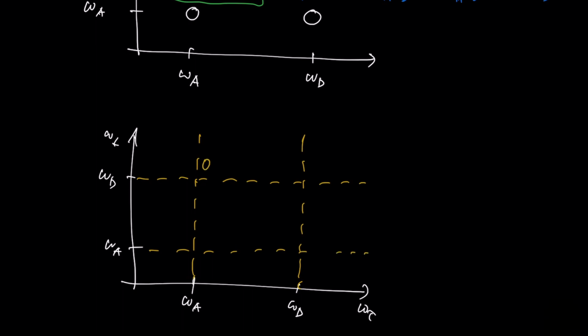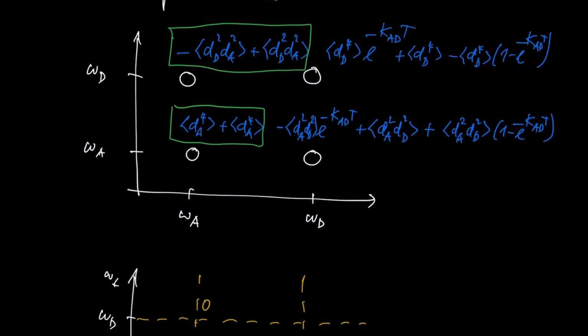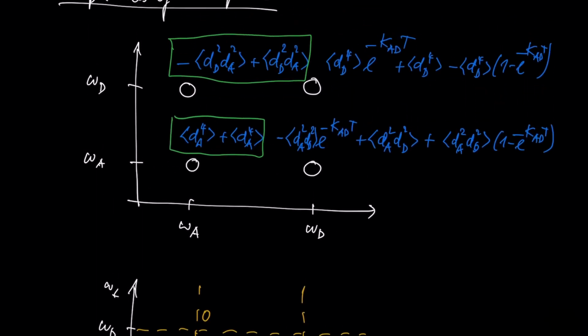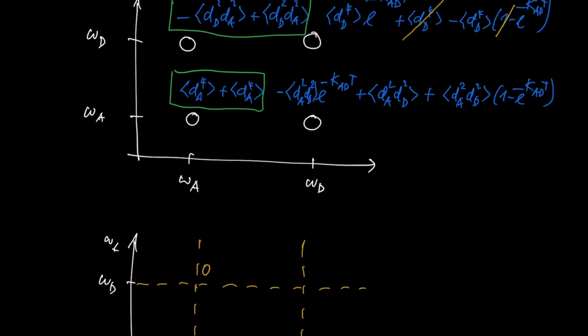So here we have 0, there's no signal whatsoever. Here in the omega d, the diagonal peak has two constant contributions that cancel. Then we have two contributions that add together. There's 2 d to the fourth e to the power of minus k a dt.